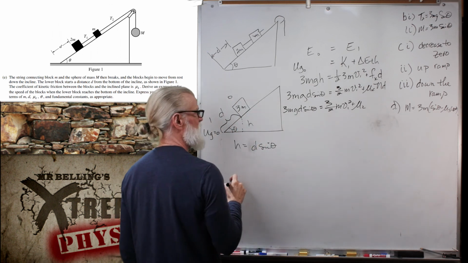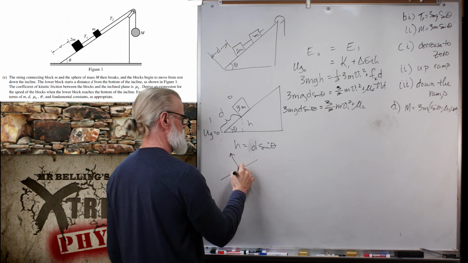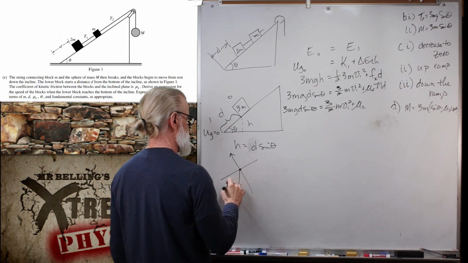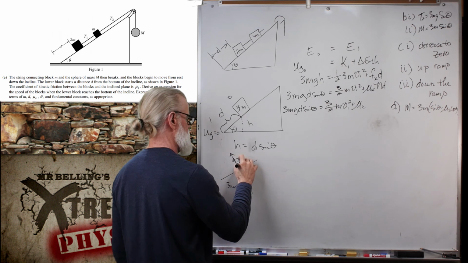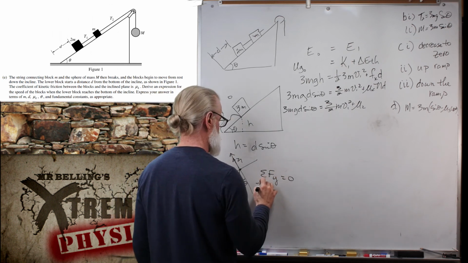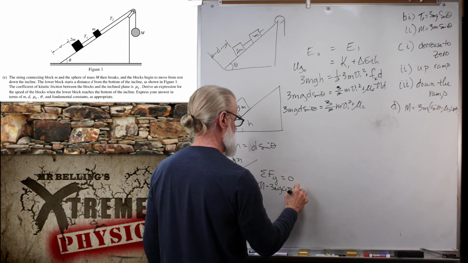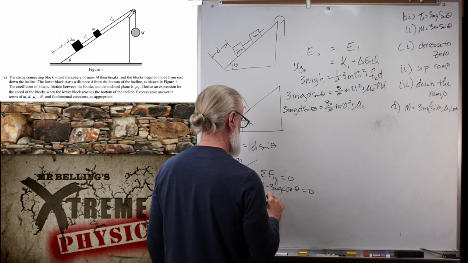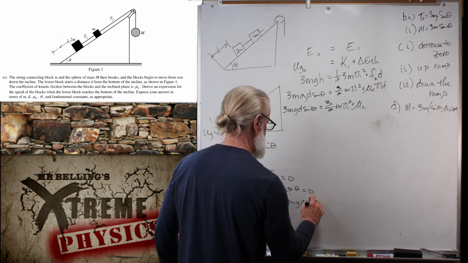What was our normal force? Keep in mind, it is not the weight in this case. We had 3mg down the incline. Sum of the forces in the y equals 0. Normal minus 3mg cosine of theta equals 0. N equals 3mg cosine of theta.